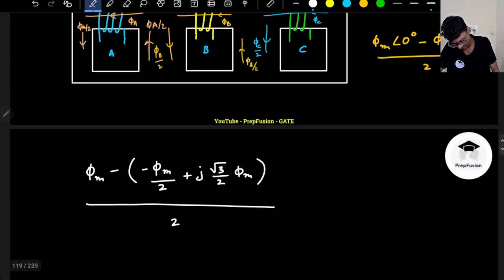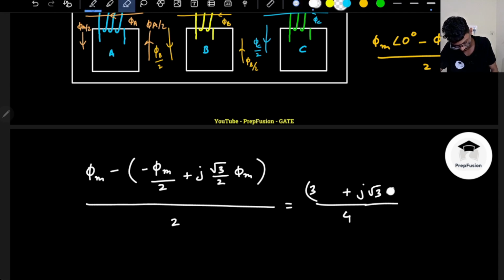So 1 by 2 I can take common, and this will be 3 phi m plus j root 3 phi m. Taking root 3 phi m common, this will be root 3 plus j only.